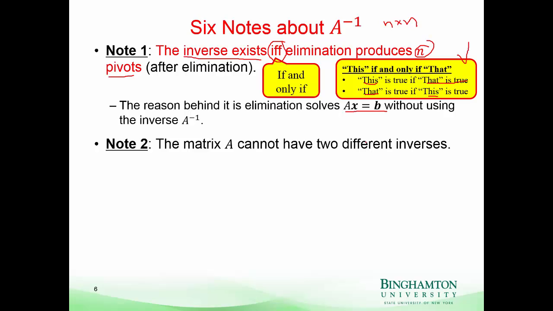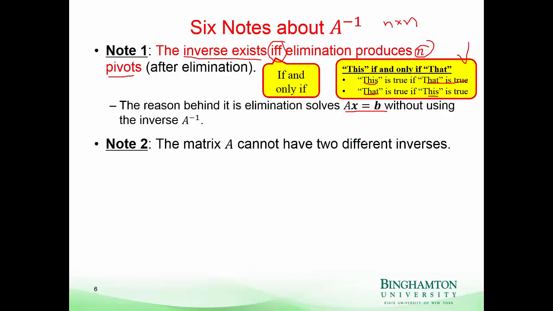So here's another note about A inverse. The matrix A cannot have 2 different inverses. So in other words, A inverse is unique. Think about that 1 over A, right? You give me a number A, I look at its reciprocal, 1 over A, that's just one number. They can't have 2 different numbers.